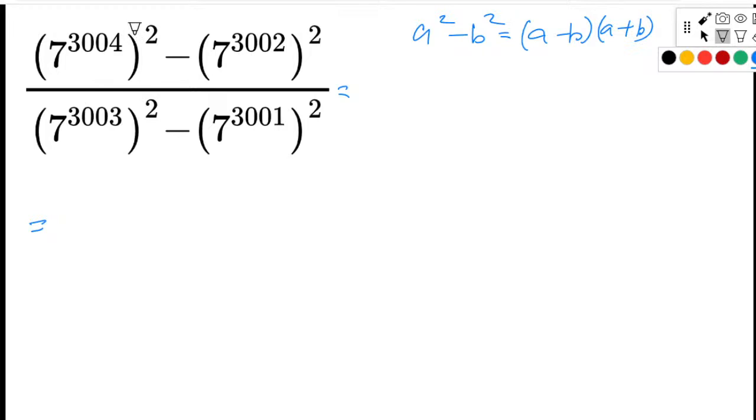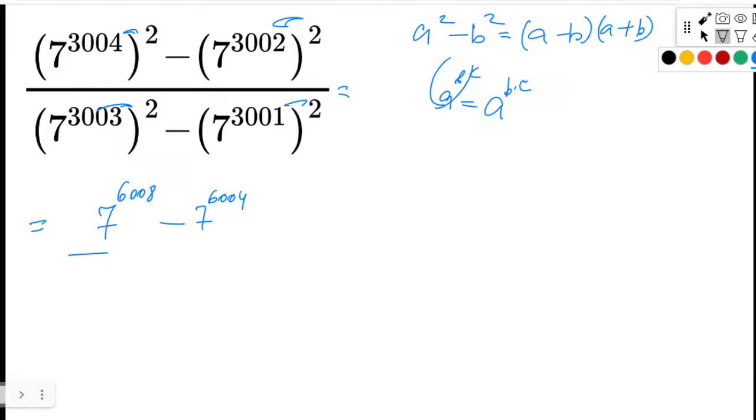So when we have a to the power of b and to the power of c, we can write a to the power of b multiplied c. So we multiply them, get 7 to the power of 6008 minus 7 to the power of 6004, divided by 7 to the power of 606 minus 7 to the power of 602.